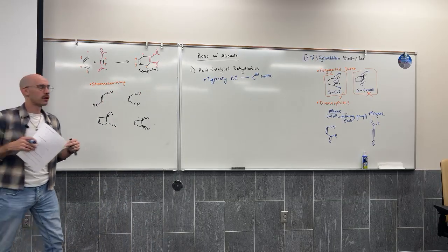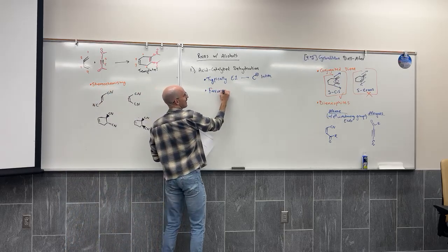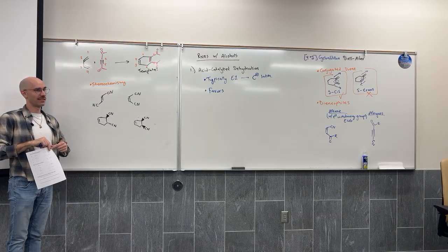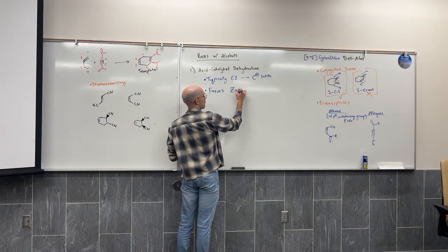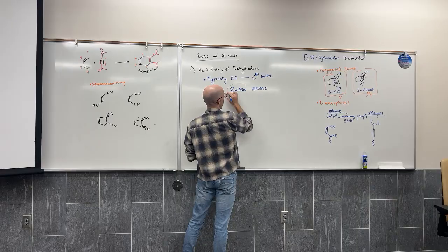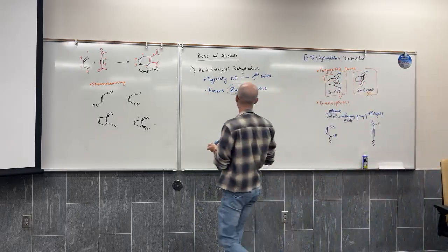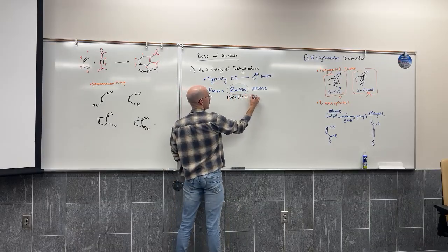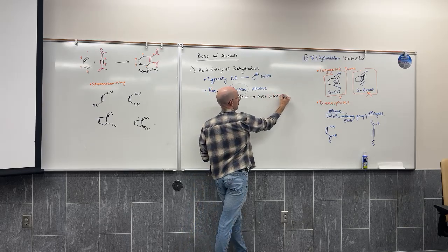Because it's E1 with a carbocation intermediate, it's not Markovnikov because Markovnikov applies to addition. It is Zaitsev. It favors the Zaitsev alkene. What is the Zaitsev alkene? That's the most stable alkene, which typically means the most substituted.